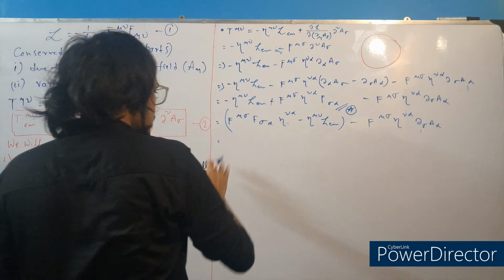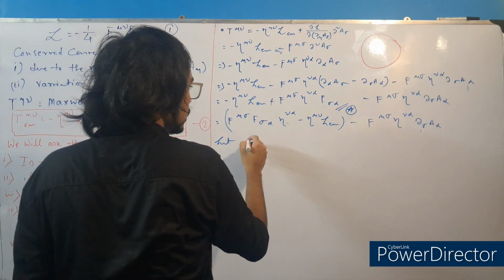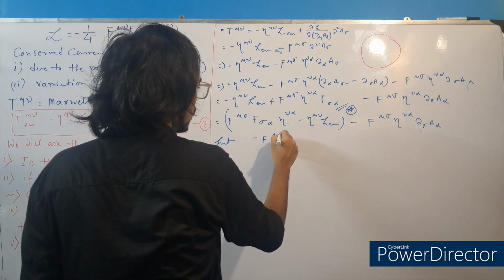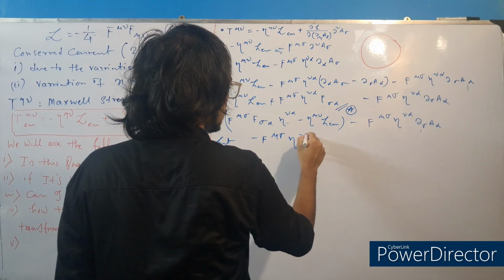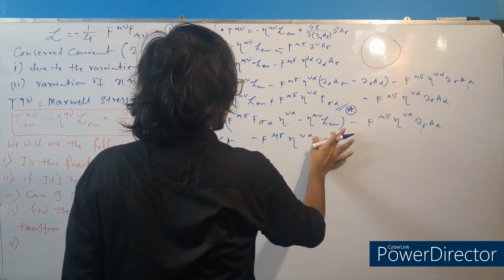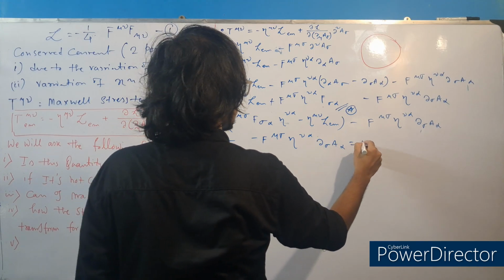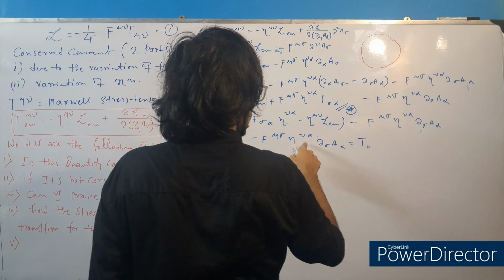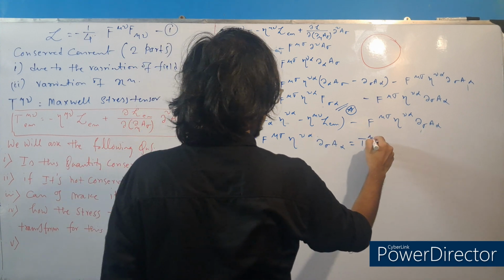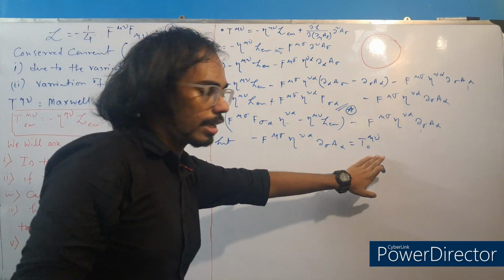Yes, so let us consider, let this minus F mu sigma eta nu alpha del sigma A alpha be equal to T0 alpha alpha contracted, sigma sigma contracted, having mu nu. Okay, so on the basis of index we are going in the right direction.